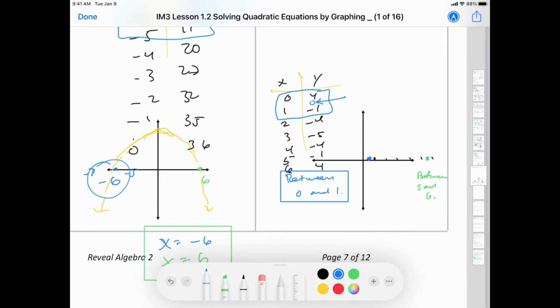Right here is where 0 should be. Oops, I didn't even draw a parabola on this one. And the green one is between 5 and 6. You see how here on the y value, the 0 should be between -1 and 4.